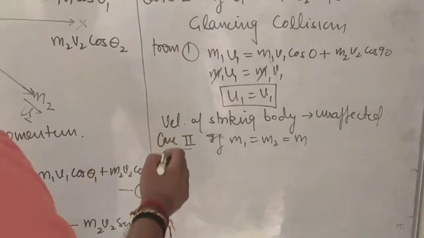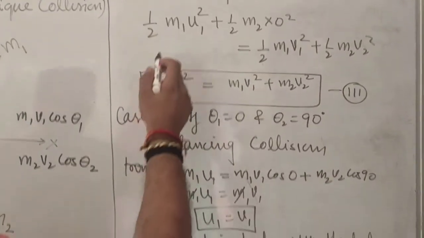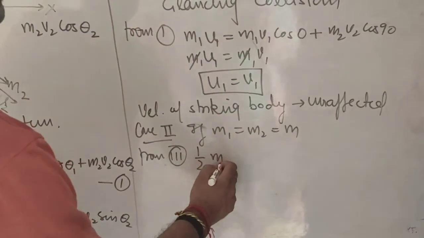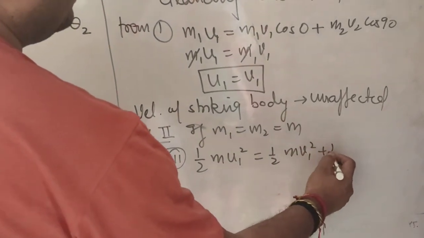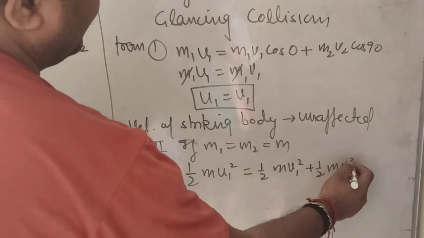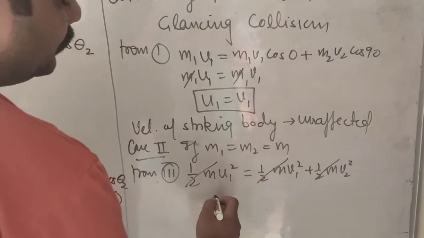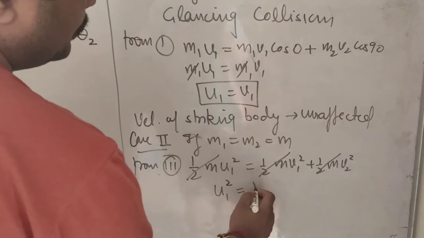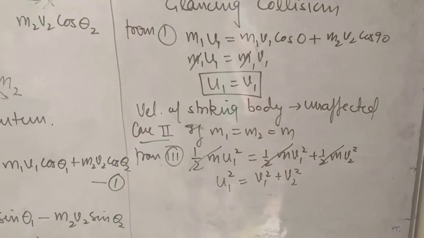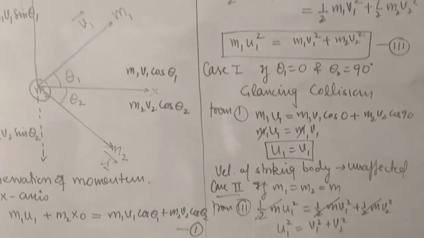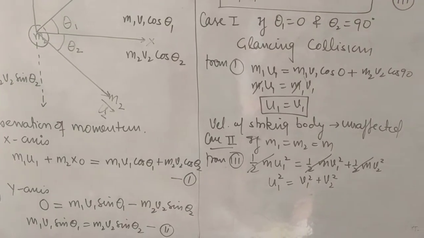Here you can see from equation 3 that half m u1 square is equal to half m v1 square plus half m v2 square. Half m cancels out, you are left with u1 square is equal to v1 square plus v2 square. This is the case where the masses of the bodies are the same. Then you will get this expression.